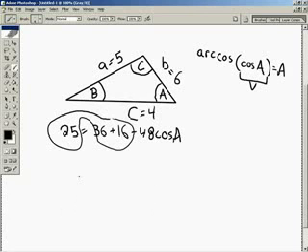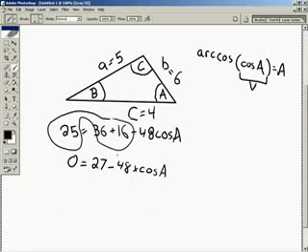Let me put it in the calculator. 27. Okay, that works. So we get 0 equals 27 minus 48 times cosine of A.